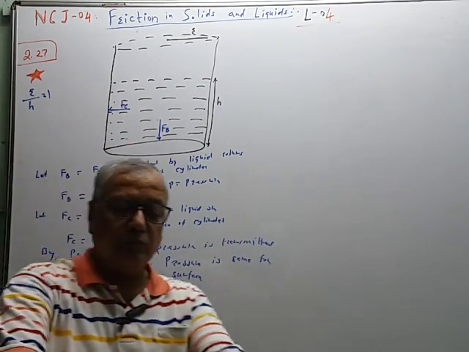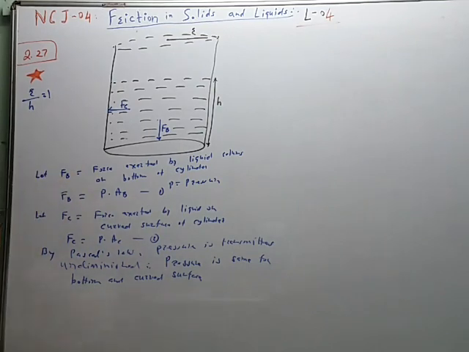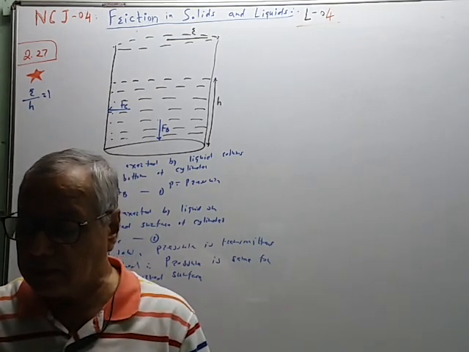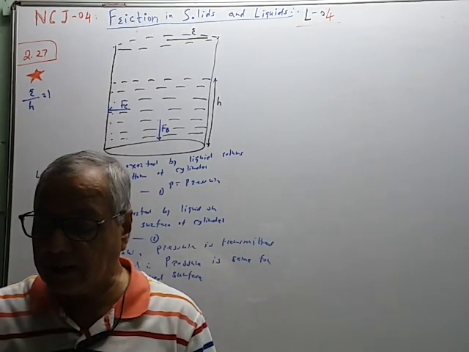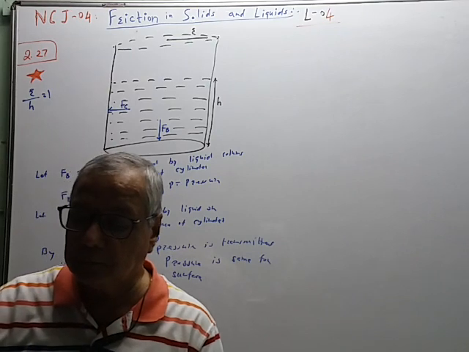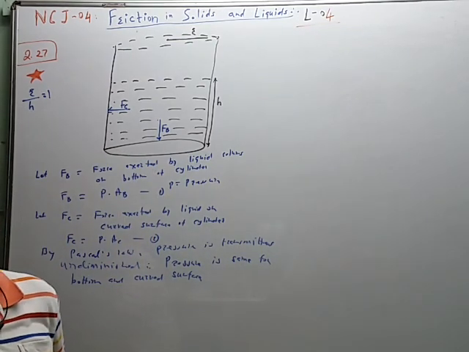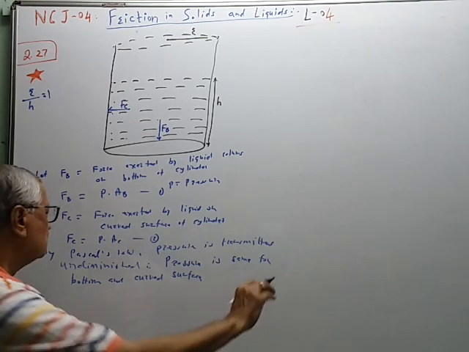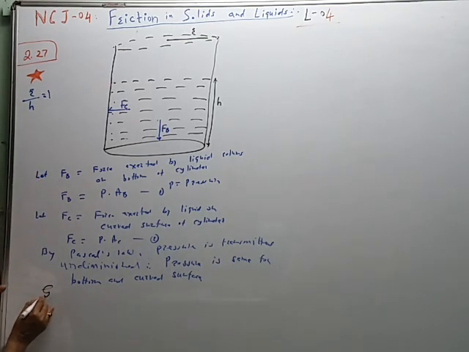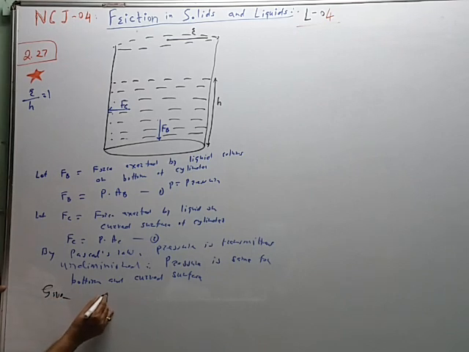Therefore, what do we have to do? What is the relation between R and H? Given, the force on the bottom is equal to the force on the curved surface.